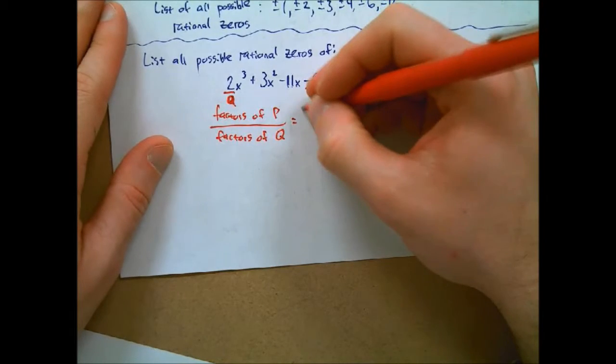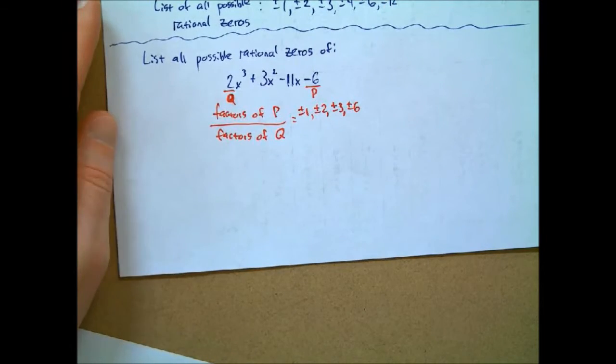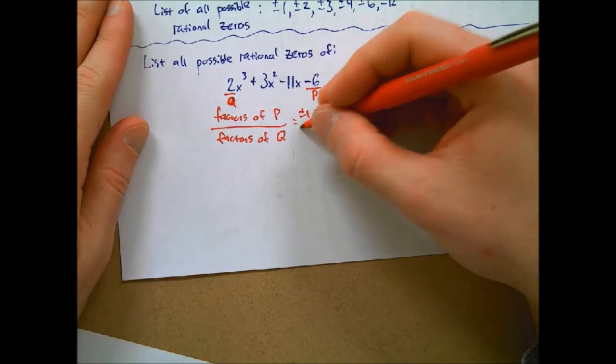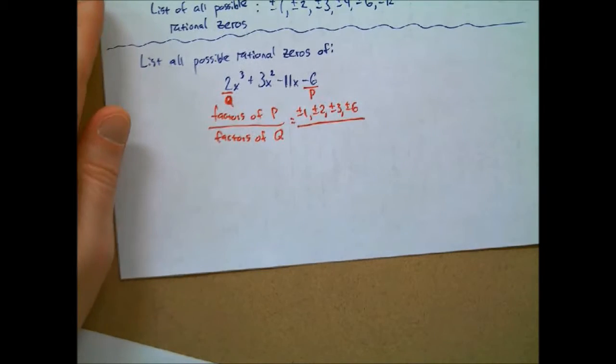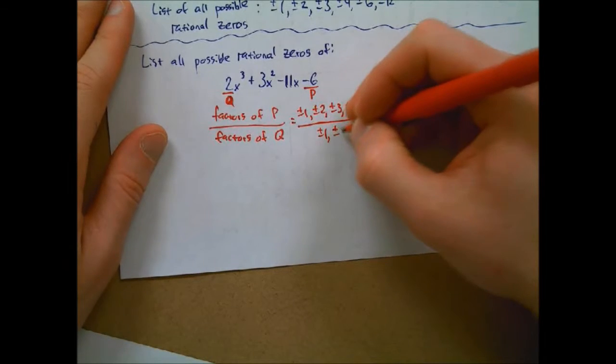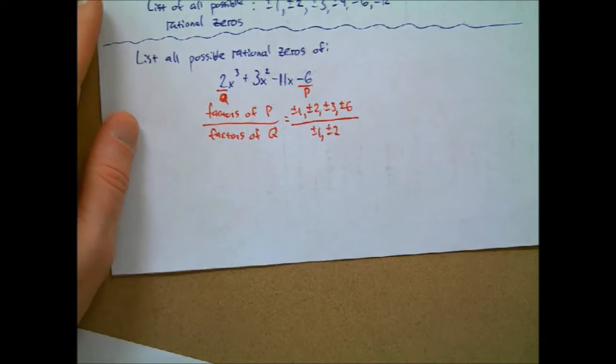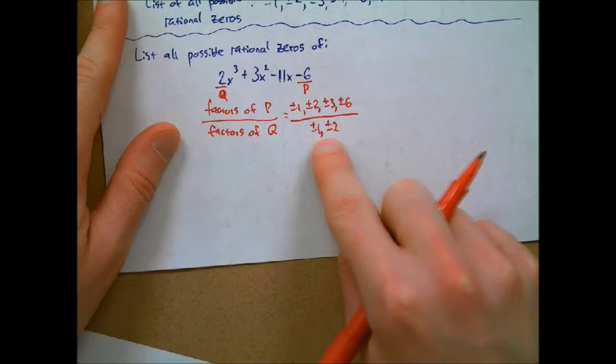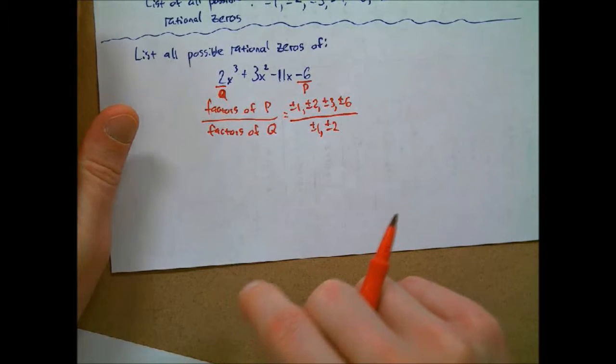I'll put them in order; I like to put them in order, you don't have to. Over, what are the factors of 2? 2 and 1. Now that's different, right? We have 2 factors for q, as well as 4 factors for p there. So let's see how it's going to change things up.